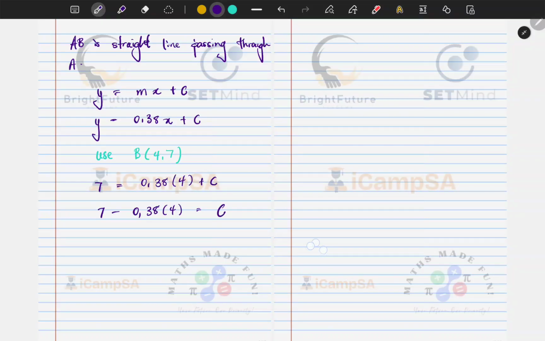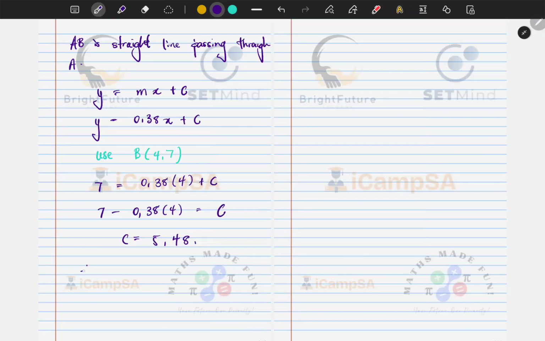So the value of c that we get here is going to be your y of A. Why? Because it's a y-intercept. It's where the graph passes through. So if you say 7 minus 0.38 times 4, that should give you 5.48. Right. So c is going to be 5.48.